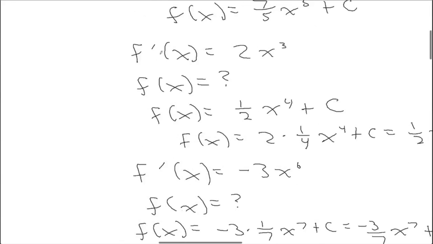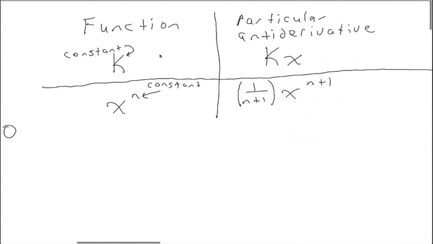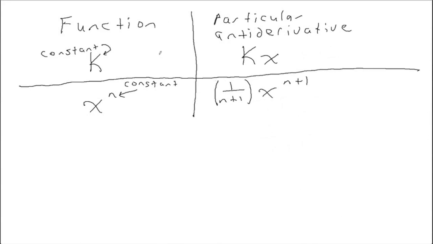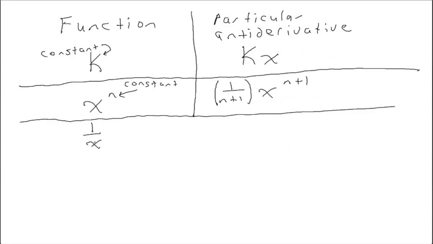Okay, all right, so now I think we're ready to add to our list of particular antiderivatives. So the function that we were just dealing with here is 1 over x. And what's its particular antiderivative for this table? The natural log of the absolute value of x. Good.